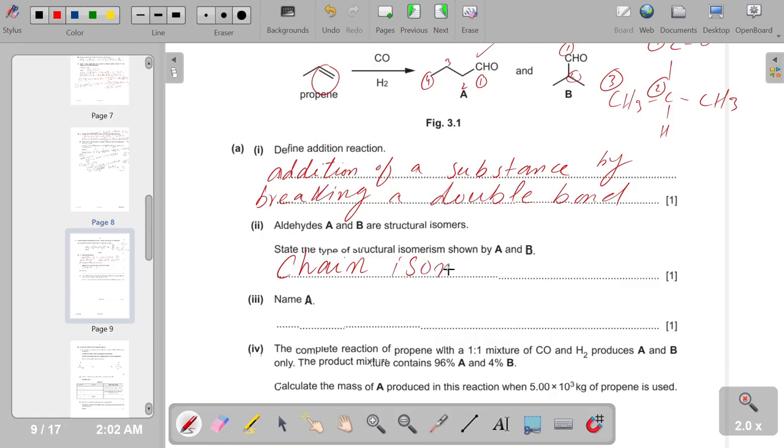Now name A. You can see carbon number 1, 2, 3, 4. It's a but-ane, 4 carbons, and when there is 'al' at the end, it means aldehyde. So it's butanal.